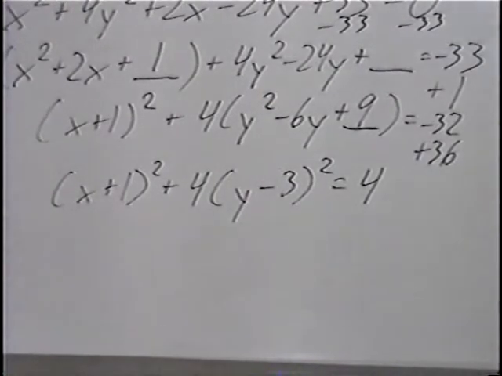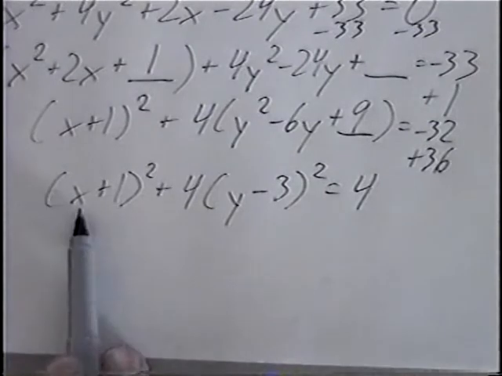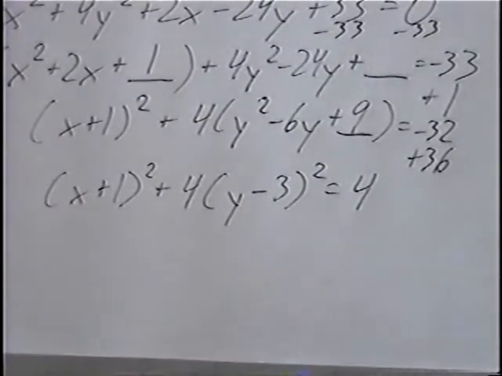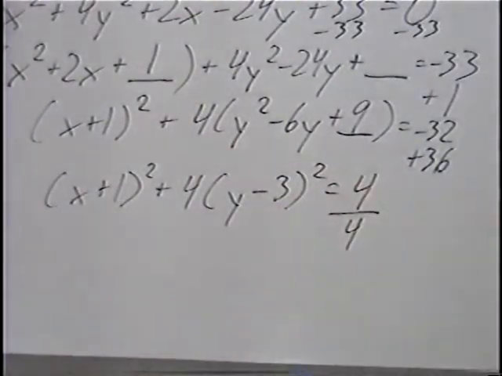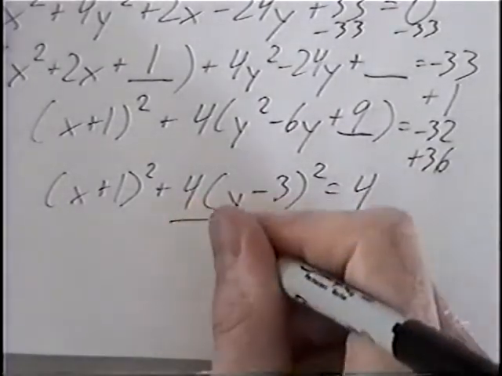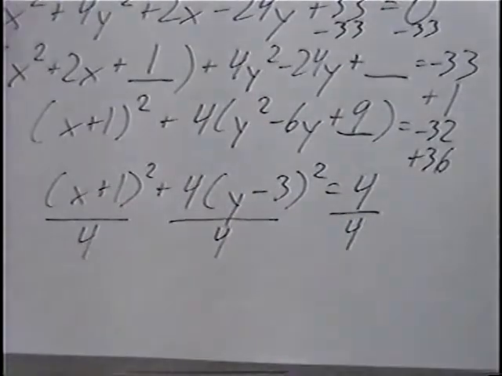Looking at the equation, we can tell what shape it might be. X squared and y squared are both positive. So what we want to do is have the equation equal to 1. To make this equal to 1, we can divide by 4, which would also cancel out the 4 in front of the parentheses.